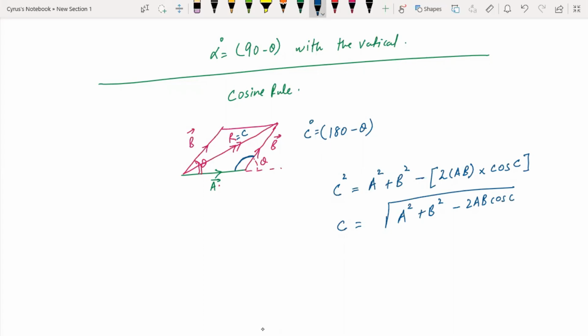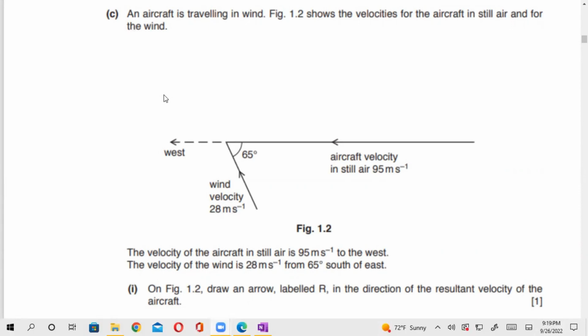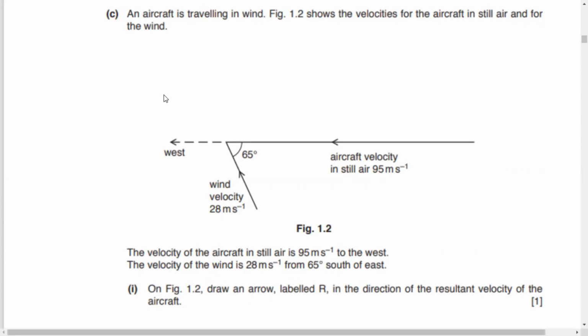Let us apply this in one of the questions. Actually, this question here is that an aircraft is traveling in wind. Figure 1.2 shows the velocities for the aircraft in still air and for the wind. This is one of the questions from the past papers. The velocity of the aircraft in still air is 95 to the west, and the velocity of the wind is 28 meter per second from 65 degrees south of east.